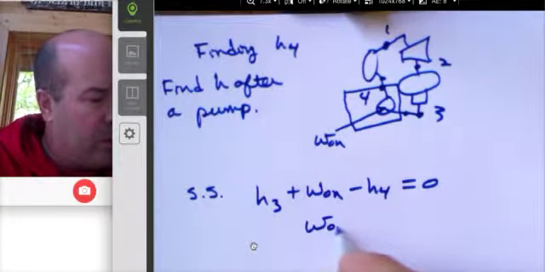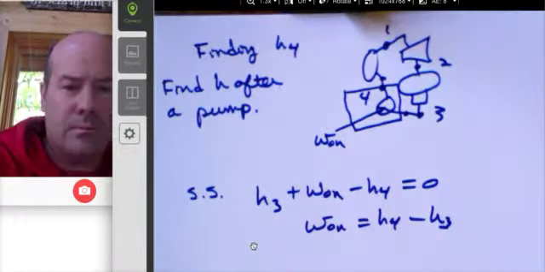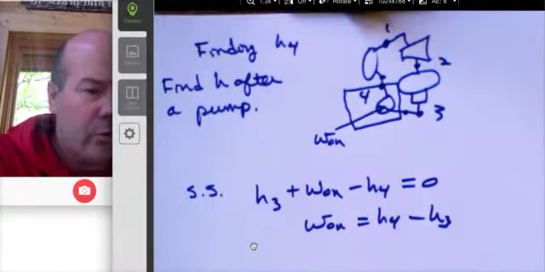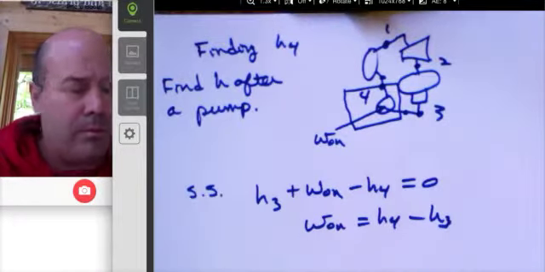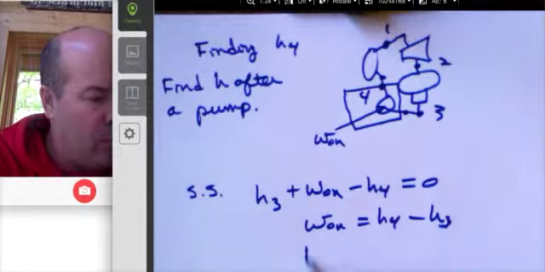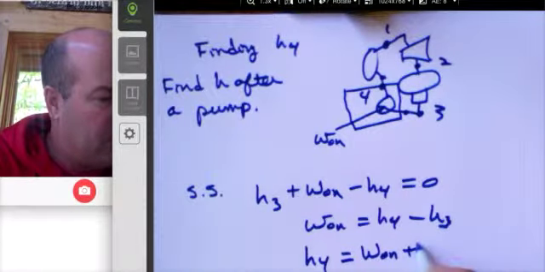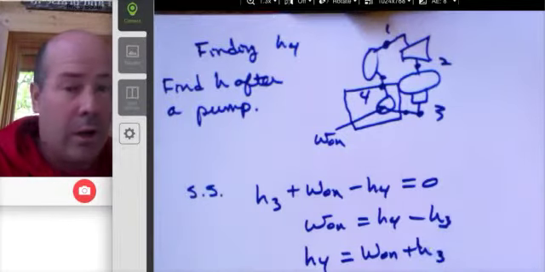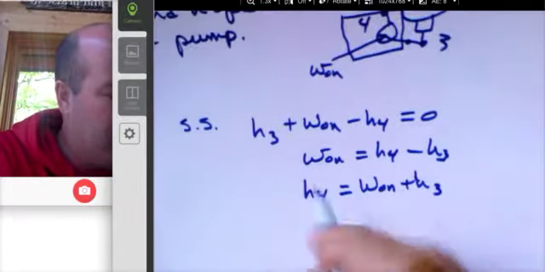So rearrange this, work on is equal to H4 minus H3. So where we're going is we're just going to rearrange this equation to solve for H4. H4 equals work on plus H3, or H3 plus work on. And that kind of makes some sense to us, doesn't it? Let me rewrite that one more time.